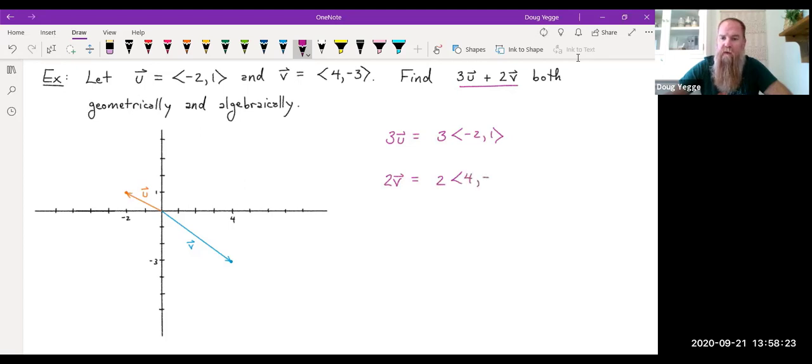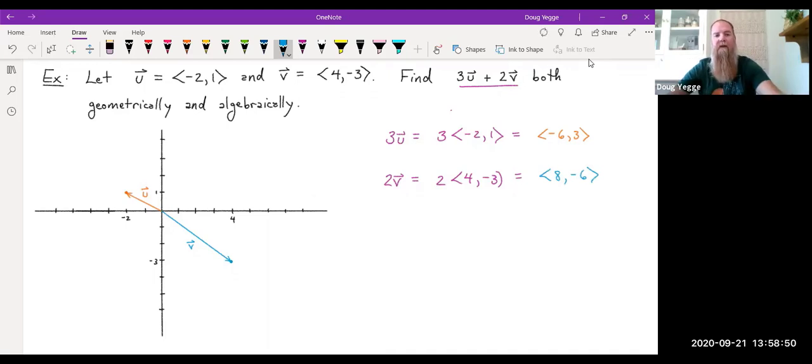Now remember, all we're doing with scalar multiples is multiplying each component. And so this gives us, for 3u, the vector -6, 3. And for vector 2v, we know that that's going to be the vector 8, -6.